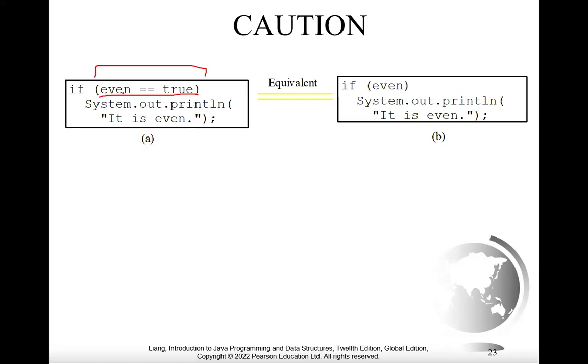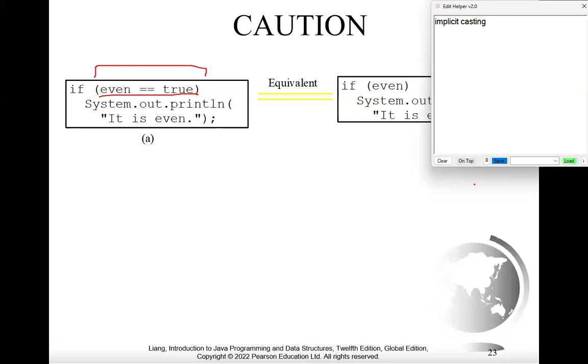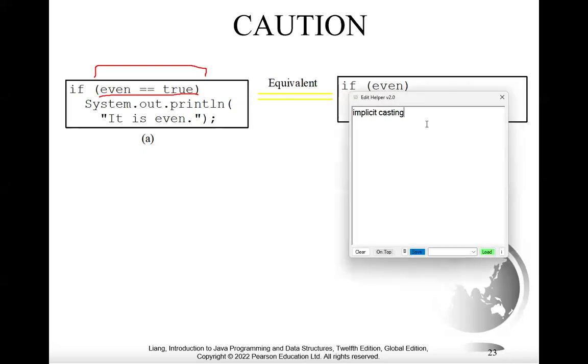You don't have to compare a Boolean variable with a Boolean value before you can decide if this is true or false. So let's assume that the value of even, let's bring our code here. So let's say the variable, Boolean even is equal to false.